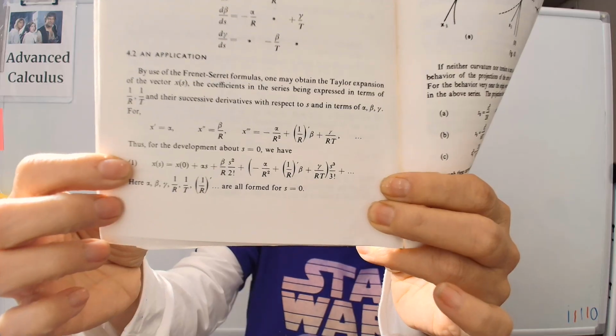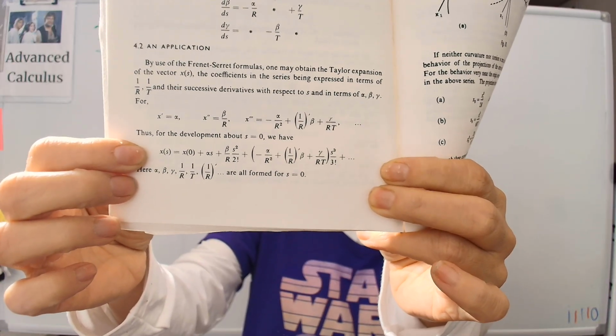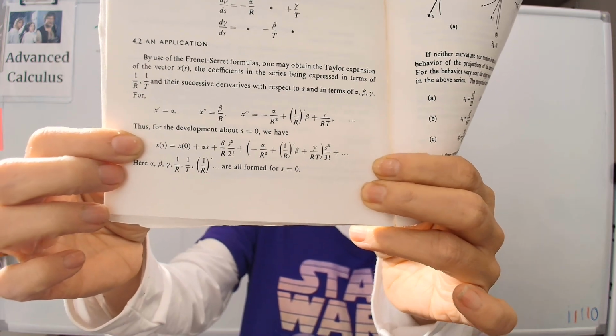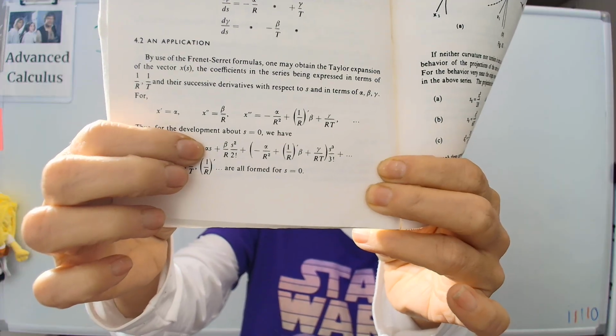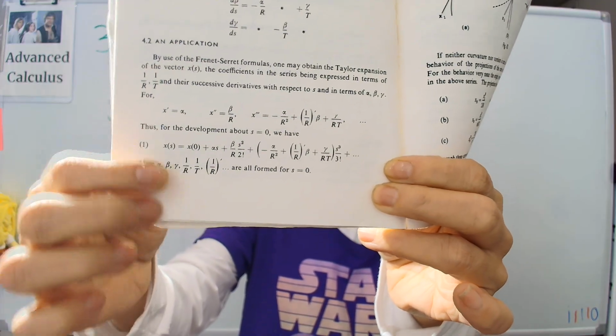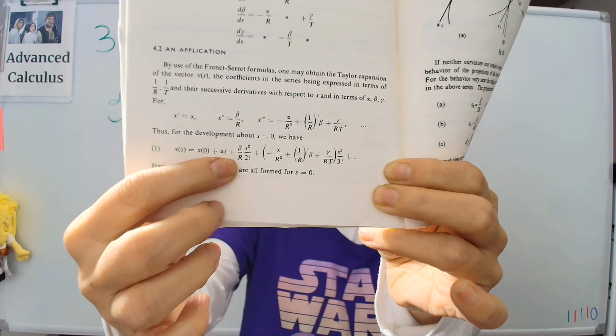And then if we were to develop stuff at 0, similar to the Taylor expansion, we have x at 0, then x prime times s, being that we're developing at 0, is s minus 0, which is just s.